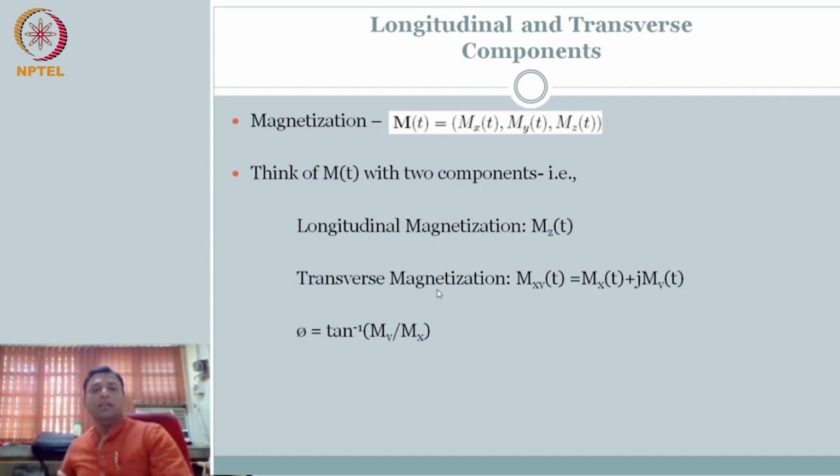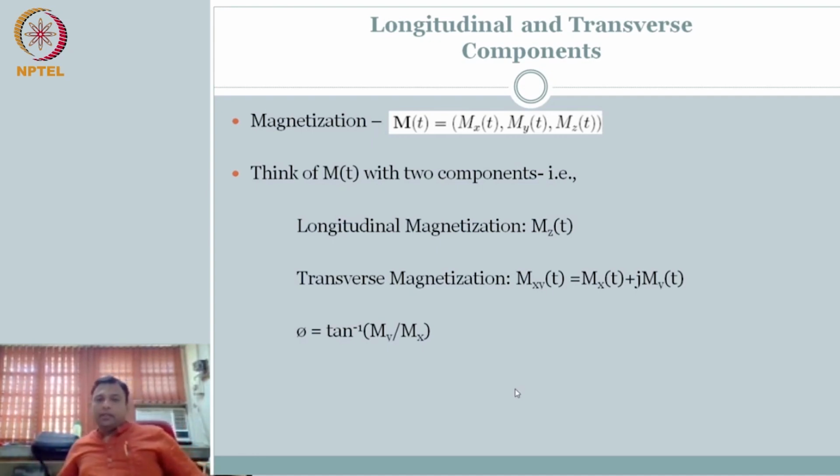It's a complex variable, and of course the phase of that is given by tan inverse of My by Mx. But notice carefully what we have done. We have split it into 2 components. One is the z direction, which we call longitudinal magnetization. The other is the magnetization in the floor.